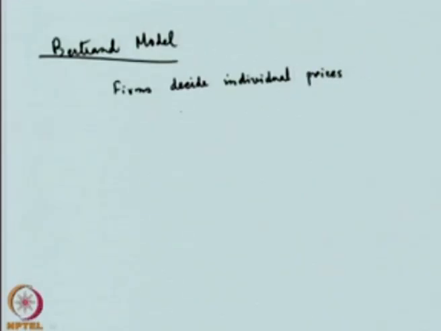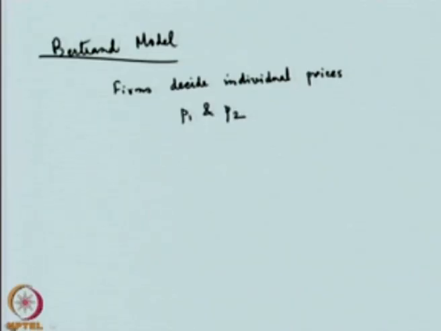So, if there are two firms P1 and P2, they don't decide by their own wish what output they are going to sell in the market. Once the prices are announced, the consumers decide which price is the lower price, and if they go to a particular firm because that firm is charging the lower price, then that firm will have to meet the demand in the market. So, the quantity produced by the firm is not decided by the firm, it is decided entirely by the demand in the market.